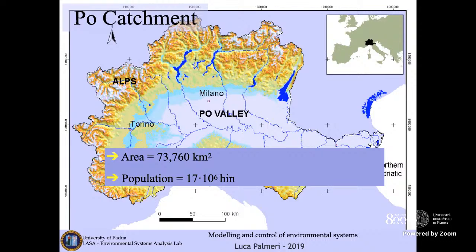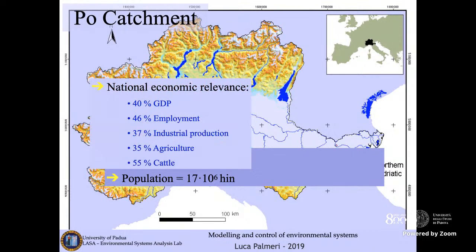So 17 millions, if you consider that Italy is around 60 to 70 millions, is something less than one third of all the Italian population living in this area. So you may understand that this area has a very relevant national economic importance.